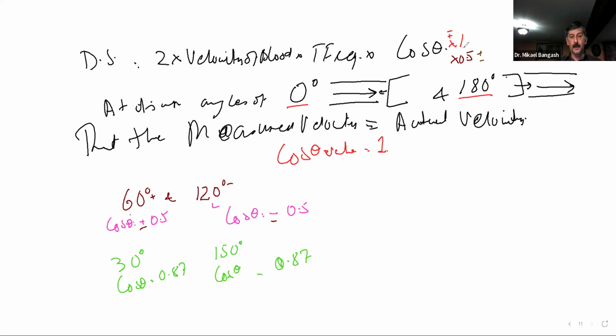Is that clear? So the main point, guys, is that only at angles of 0 degrees and 180 degrees is the measured velocity the actual velocity. Clear?